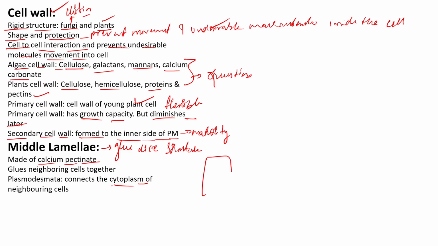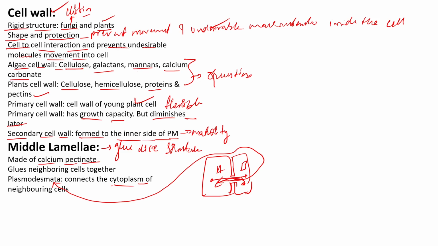For example, if this is one cell and this is another cell, the cytoplasm of both cells are connected directly. This connection is what we mean by the term plasmodesmata, which connects the cytoplasm of neighboring cells. So the molecules from cell A can directly move into cell B, and cell B molecules can directly come into cell A. That is the main function of plasmodesmata, right?